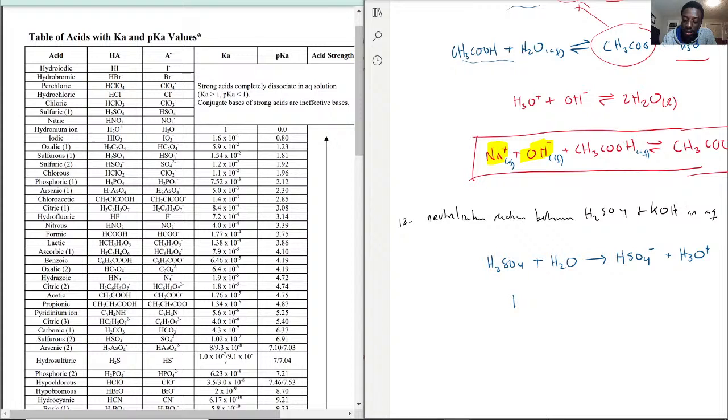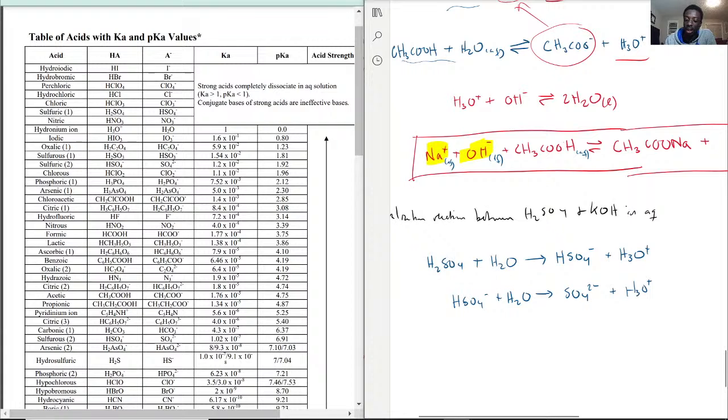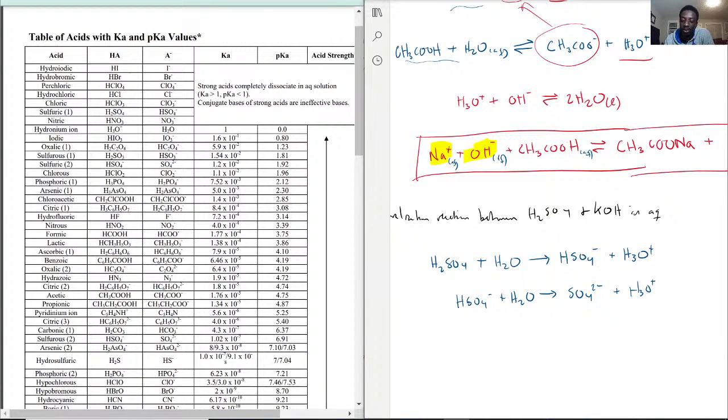And then that HSO4 minus, okay, plus H2O turns into SO4 2 minus plus H3O plus. Okay, that is the steps it will take for SO4 to get rid of all the protons.